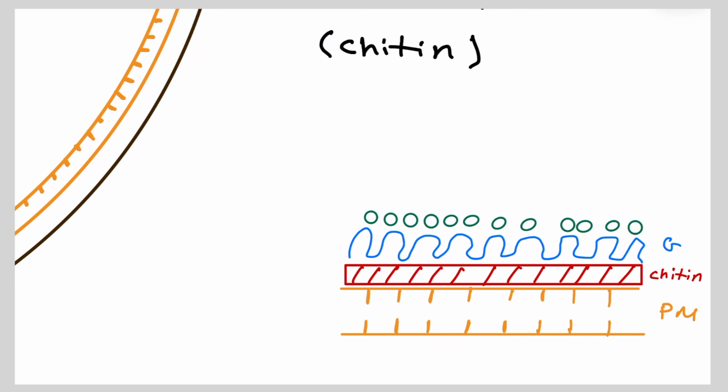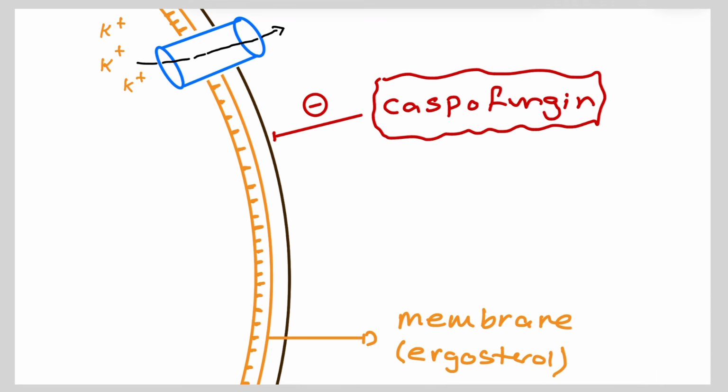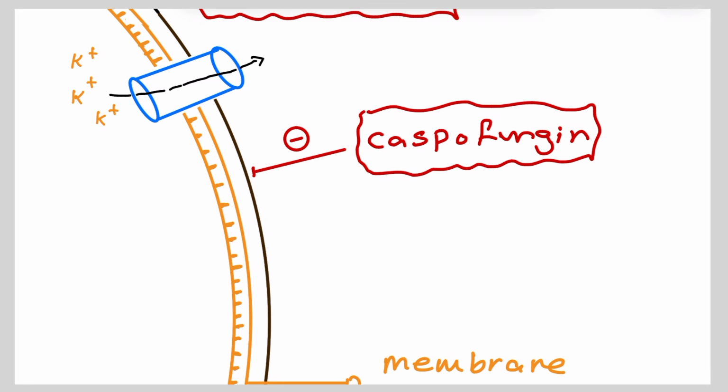So one of the enzymes that are responsible for making this glucan layer in the cell wall is going to be inhibited by caspofungin. And this enzyme is going to be called, let's try to write the enzyme here. So the enzyme that is getting inhibited by caspofungin is actually going to be called beta 1,3-D-glucan synthase.